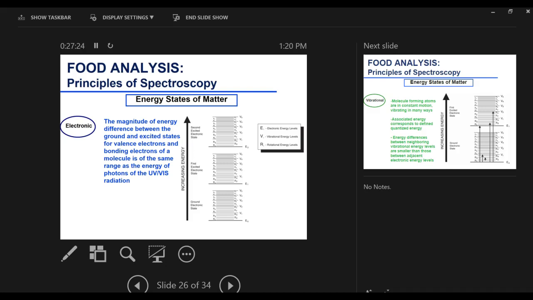Again, these are the electrons on the outer shell participating in bonds. And the energy to be absorbed has to be within the energy of the UV visible radiation. So electronic energy is the energy associated with UV visible radiation. So the wavelength within that range allows for electronic energy absorption. When we talk about absorption or emission of light and gaining electronic energy, that would be in the UV visible range.